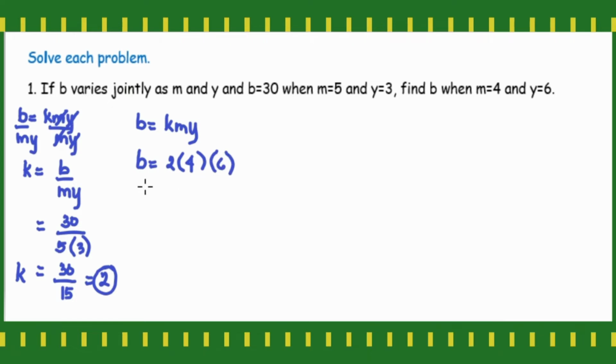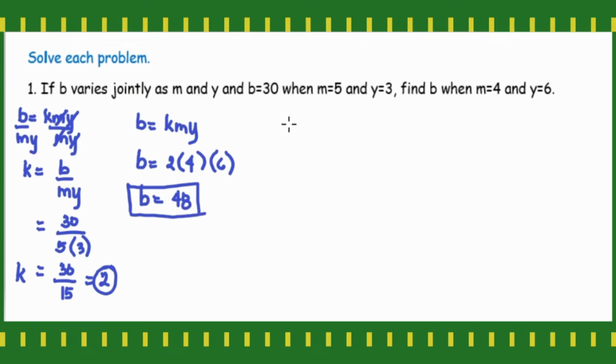So we will just multiply all these three numbers. 2 times 4 is 8, times 6 is equal to 48. So B is equal to 48 when M is equal to 4 and Y is equal to 6.